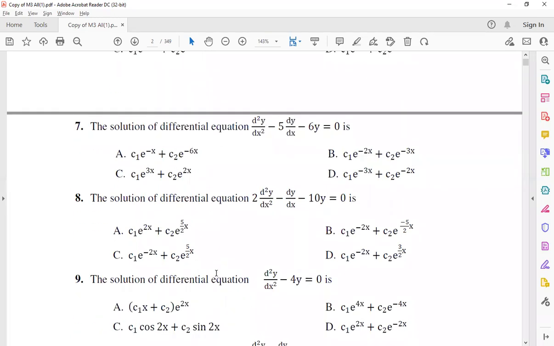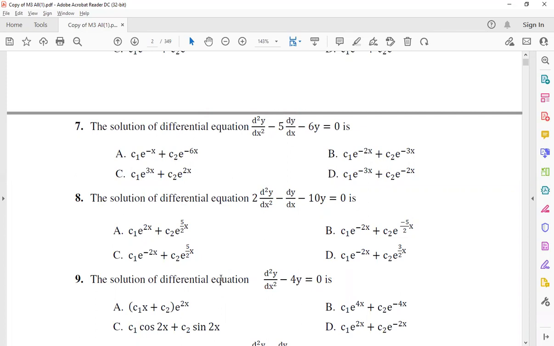Next, 7. Do this. Now in your calculator ABC is already there. If the order is not changing, you just change the values of ABC. A is 1 here, B is minus 5, C is minus 6 and press equal, you will get the roots. What are the roots? 6 and minus 1, right.